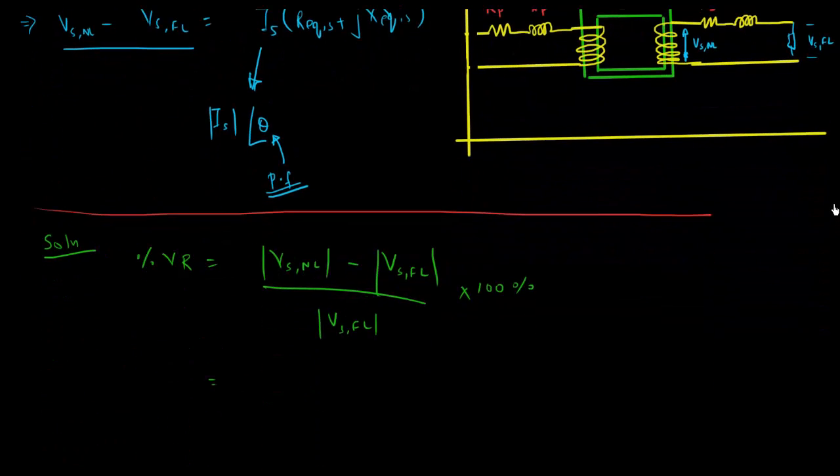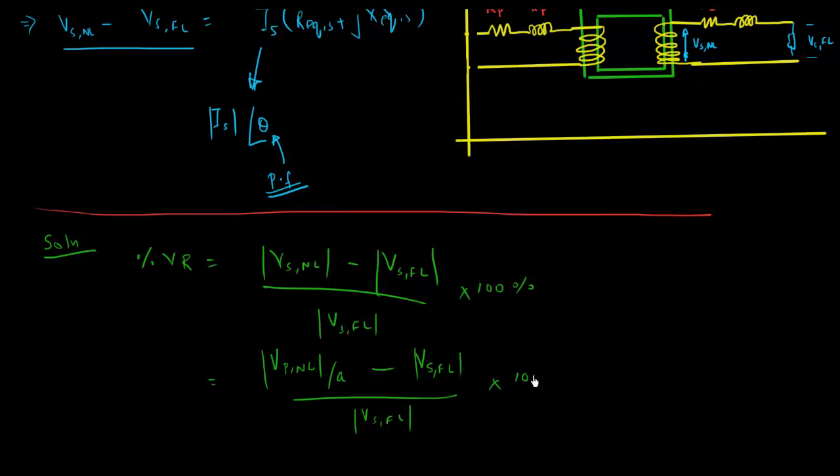So what we can write this as is V primary no load, which we've been given, over the turns ratio or the voltage ratio in this case, and this remains as is. So we can just plug the values in and get our answer.